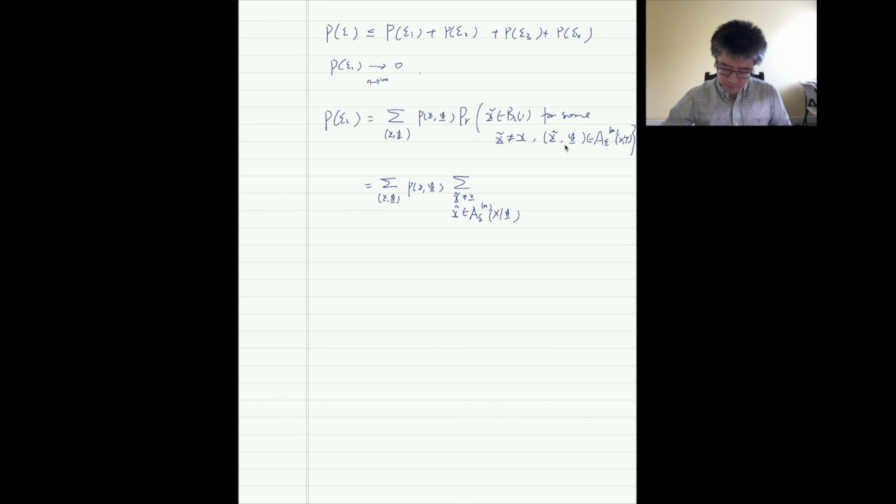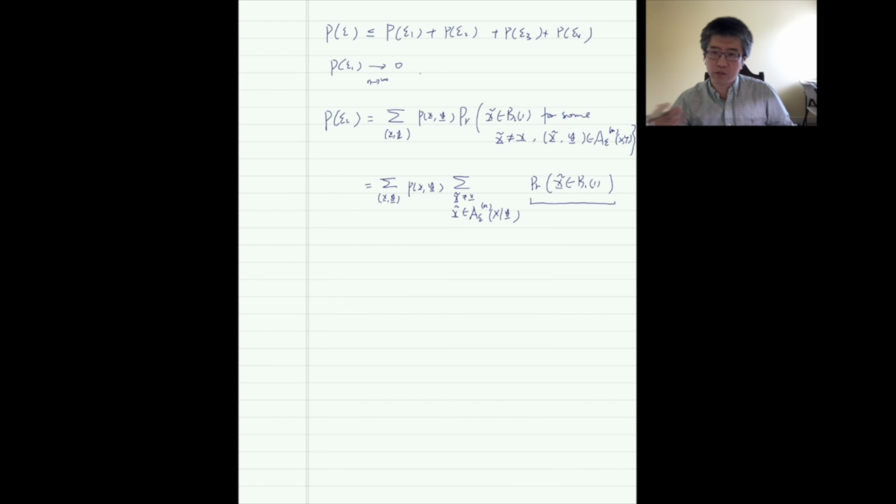Then we fix this and we fix that, and the probability is basically that x tilde is in bin 1. Very good, so we write down the probability. This probability is easy to compute, and this is the reason why we're using random binning, because this probability can be computed easily.